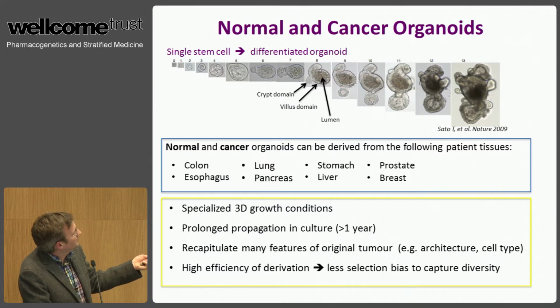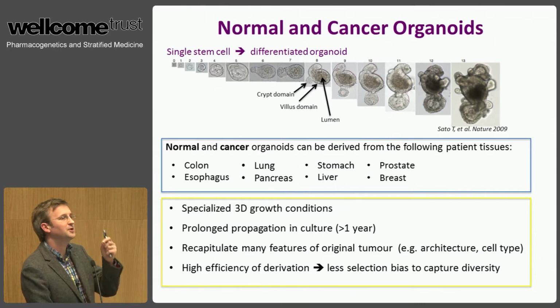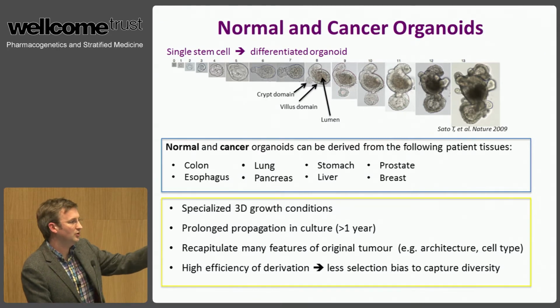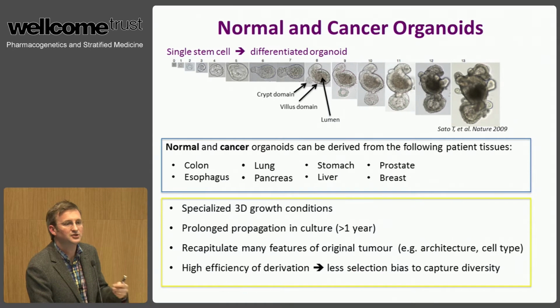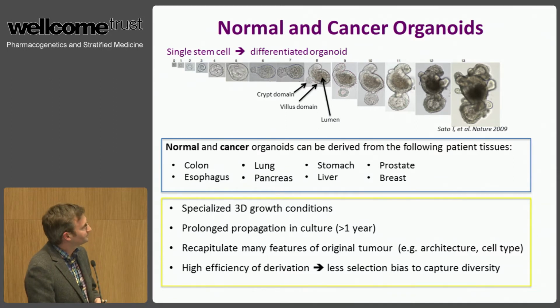You can grow them for a long time, and a key point here is you can derive these at a very high efficiency from patients. What that means is that you can begin to sample all those patient populations, so there's not a huge selection bias that is a real problem in our current culture model. So we can begin to develop these models we need that reflect different patient populations.